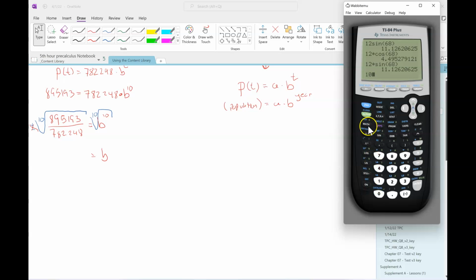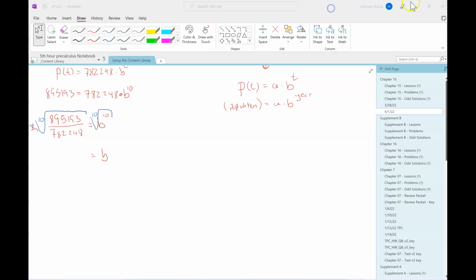So I'm going to do a 10, and I'm going to press math, and I'm going to scroll down till I find the x square root option here, and that'll get me a 10th root, and then I'll just use the fraction command to type this fraction in, just so it looks exactly the same as it does on my calculator. Okay. So there's one way of doing it.